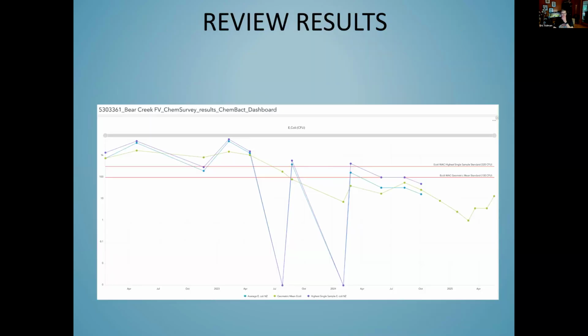And then I'll show you the dashboard for results. It looks a little bit complicated just because we're representing a few different things here. One of the things that we want to track is just what's the average number that we're finding. But the regulatory standard is your geometric mean.